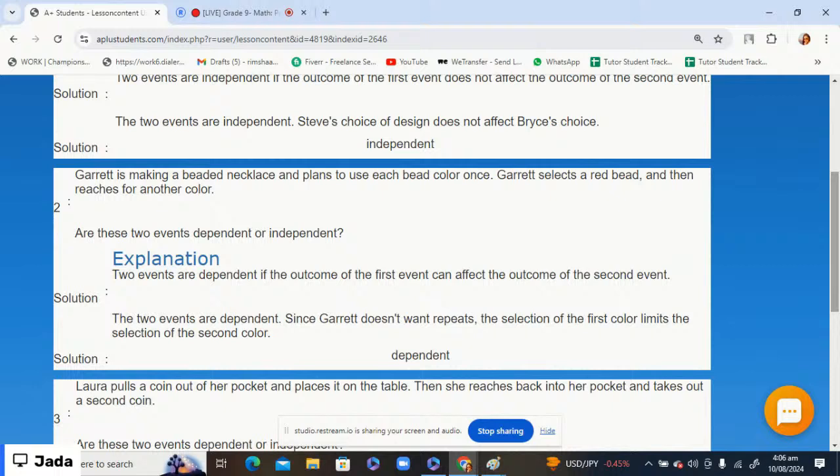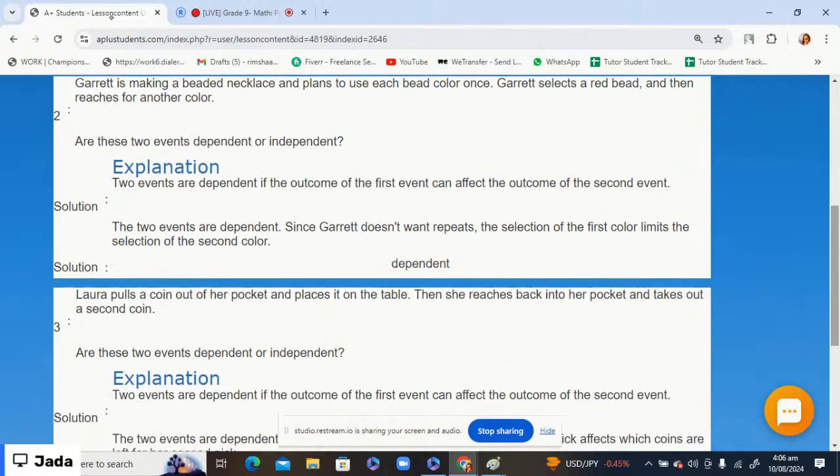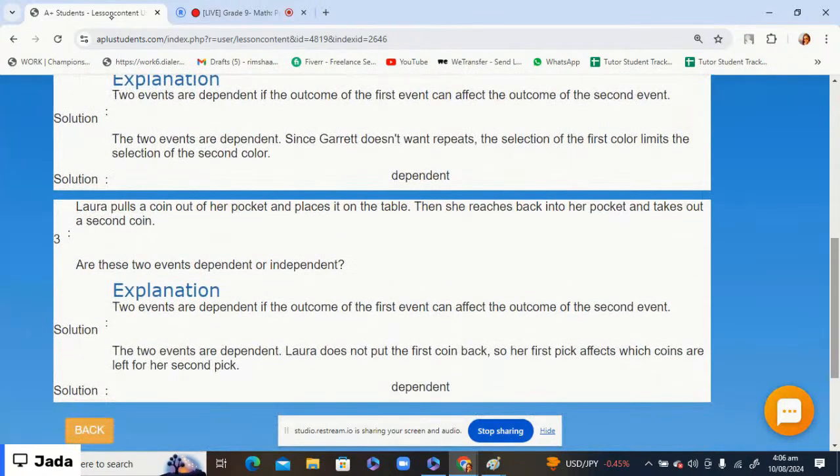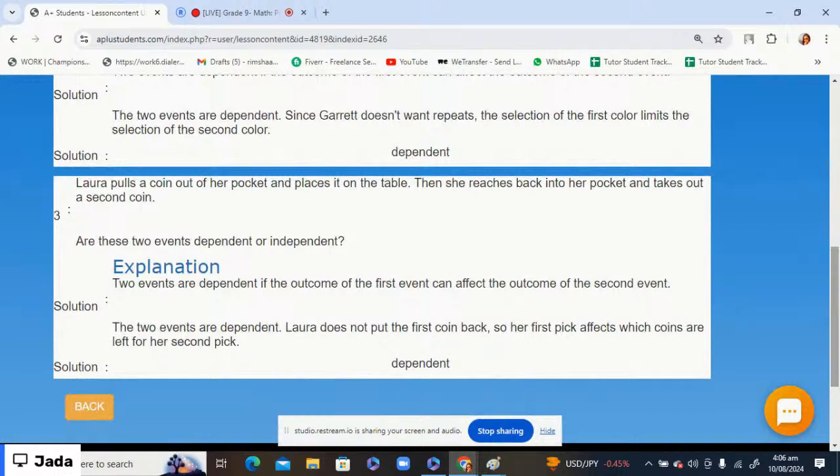Now let's discuss the next one. Laura pulls a coin out of her pocket and places it on the table. Then she reaches back into her pocket and takes out a second coin.